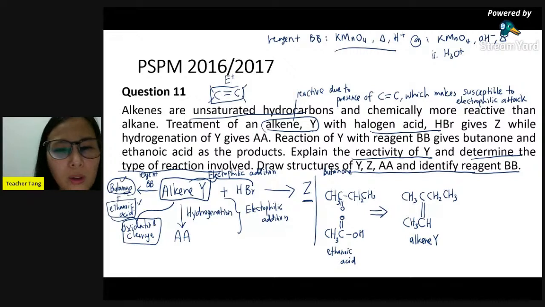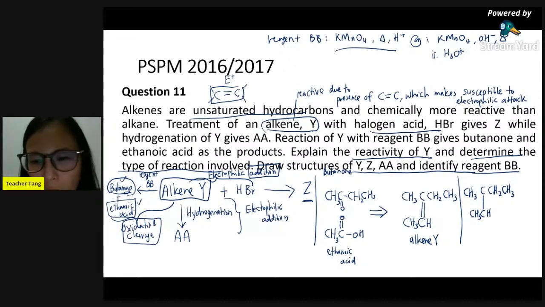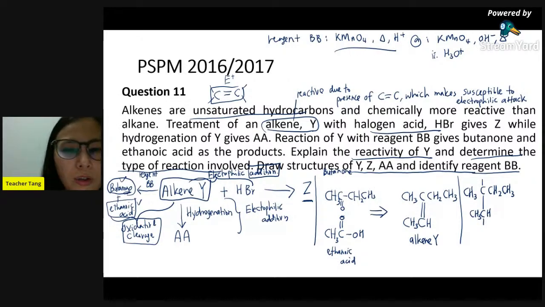So this is electrophilic addition. Electrophilic addition bermaksud carbon-carbon double bond will become single bond. So how to draw it become single bond? So saling je, saling the rangka dulu. But now double bond becomes single bond. So here and here. According to addition, Markovnikov rules.